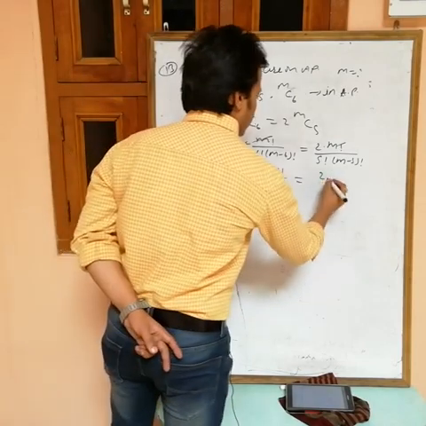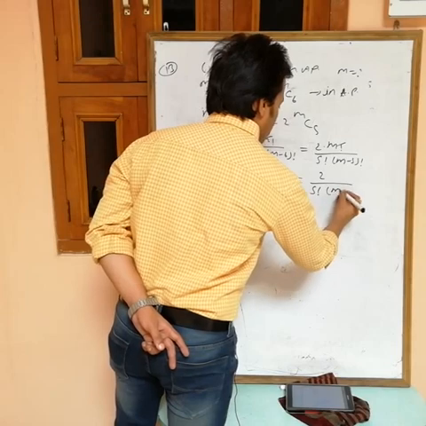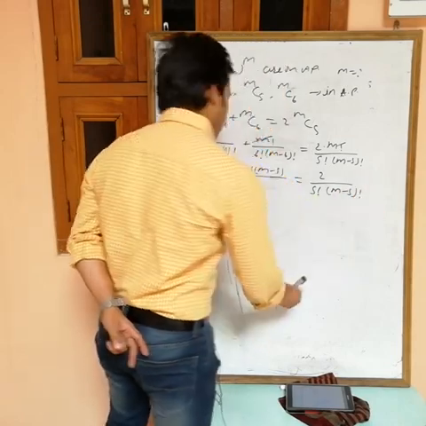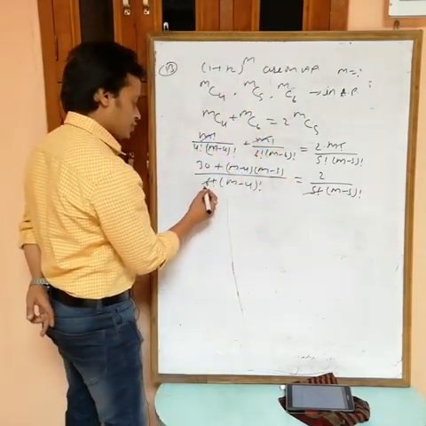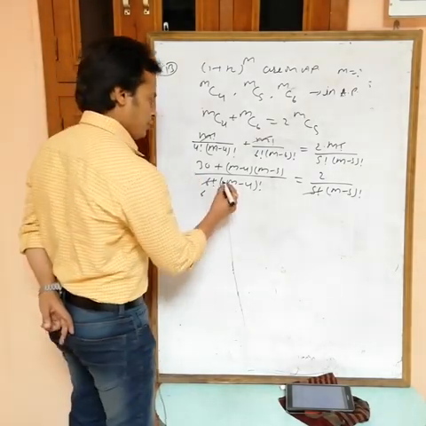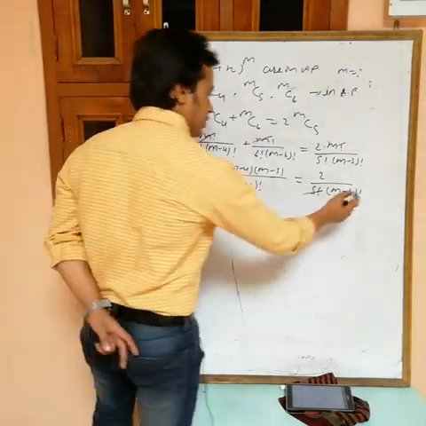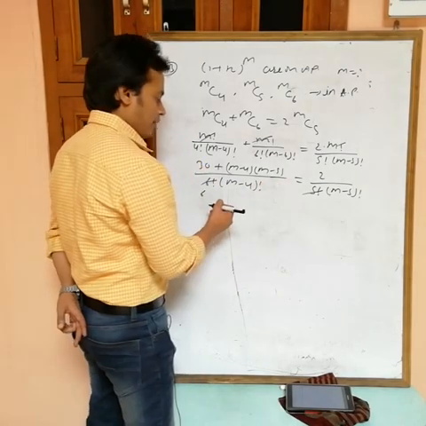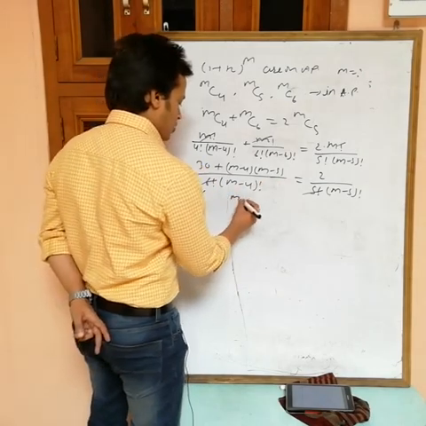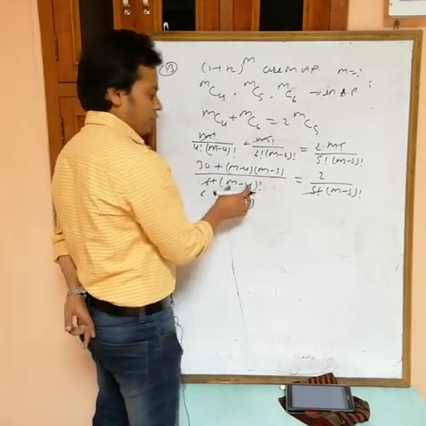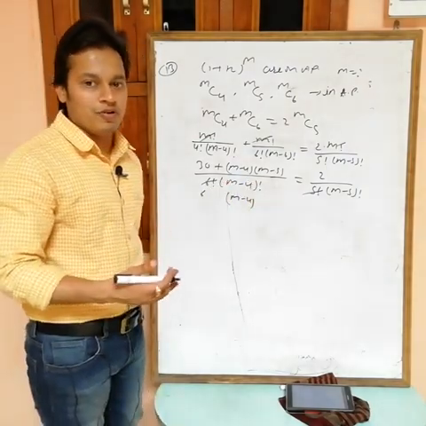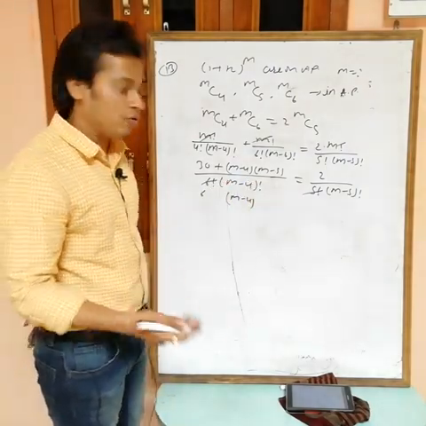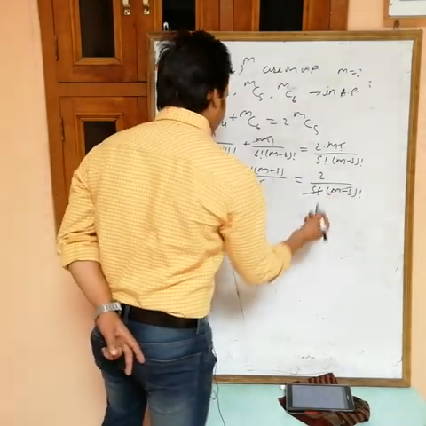Okay, and here we have 2 by 5 factorial (m minus 5) factorial. 5 factorial to 6 factorial, 6 times cancel out, and m minus 5 to m minus 4, (m minus 4) times cancel out. Okay, if you write m minus 4 outside, then what we have remaining is (m minus 5) factorial, and cancel out.